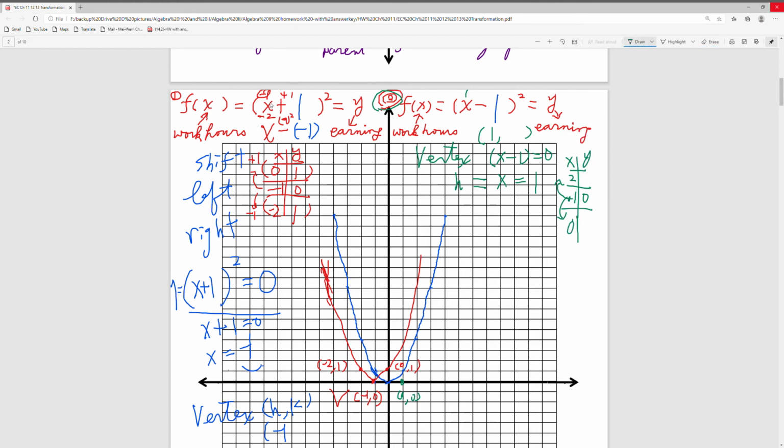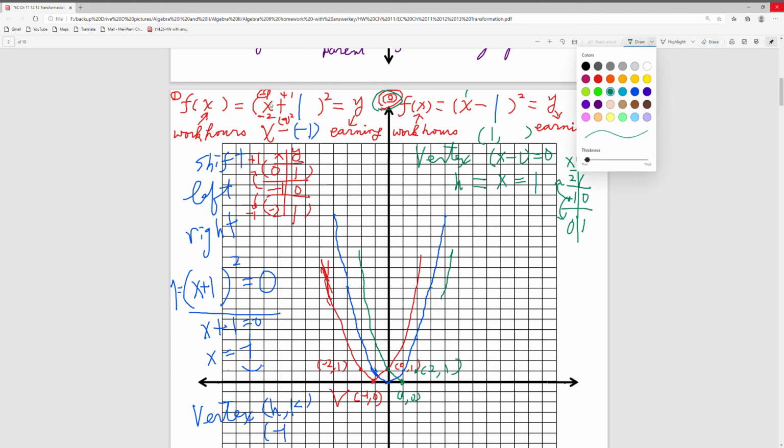So 2 minus 1 is 1, 1 squared is 1. Symmetric. So I have 2, 1 and 0, 1. Okay, so I connect with the parabola shape. Don't make it a straight line, okay? I pretend you understand, so you don't need 5 points. In the book, they ask for 5 points.